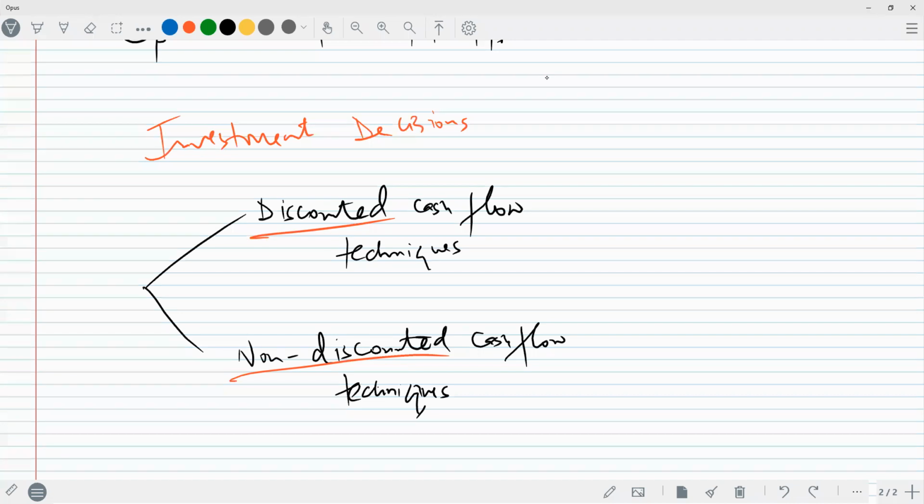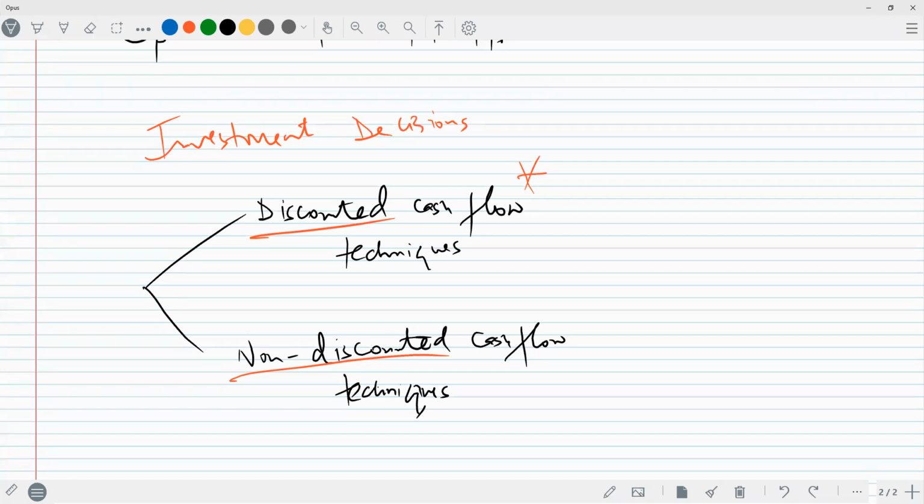By default, you pay more than you used to pay for the same product 10 years ago, because of the loss of value of money. So when it comes to the discounted cash flow techniques, we need to appreciate the fact that money loses value across time, so we ought to discount the cash flow and get the present value of the cash flows.